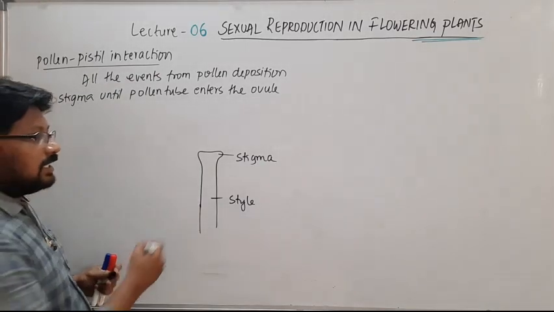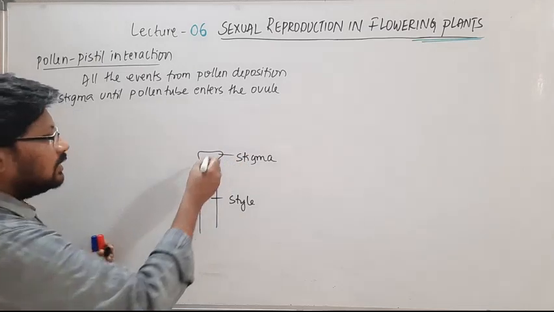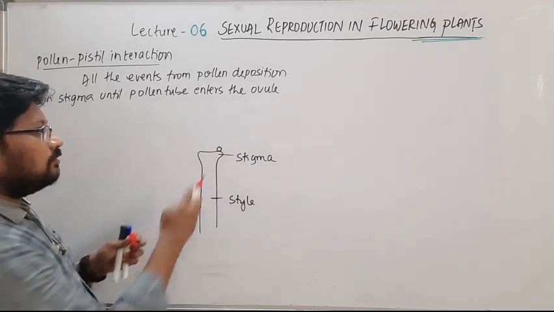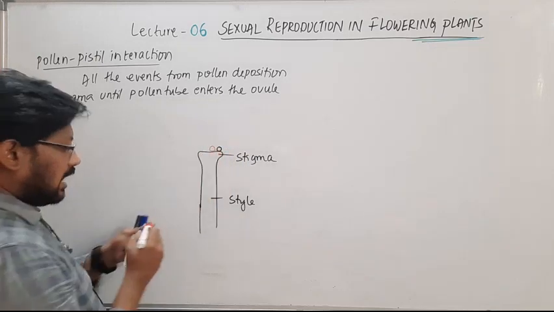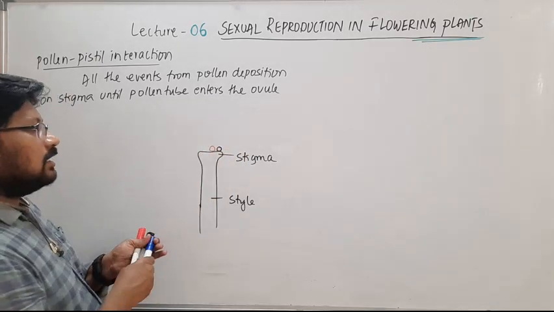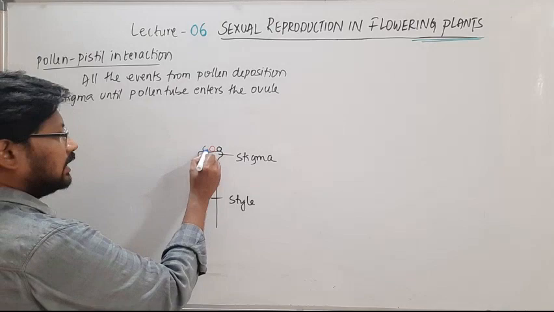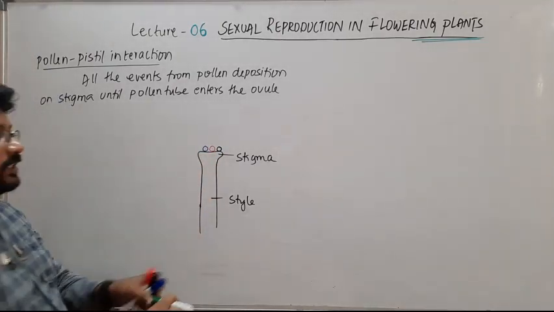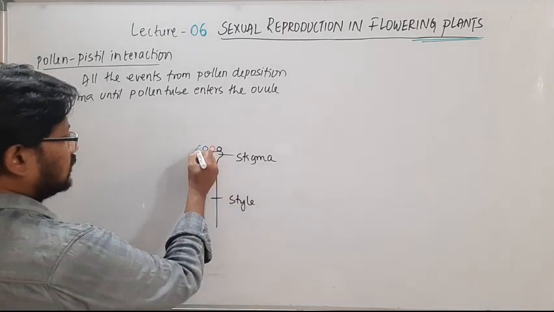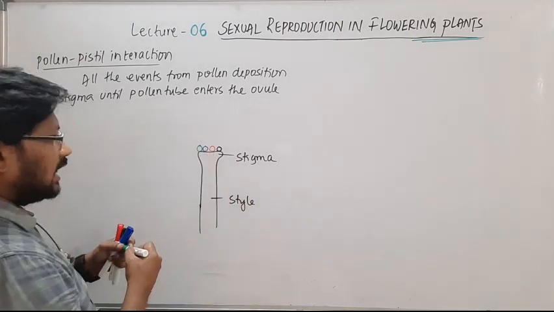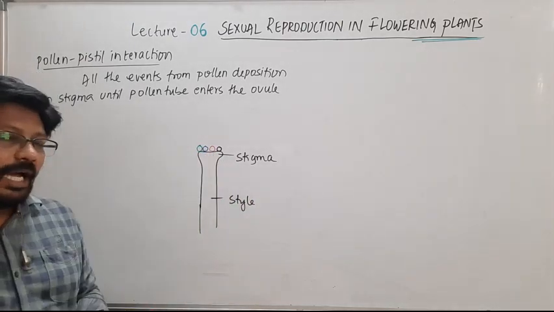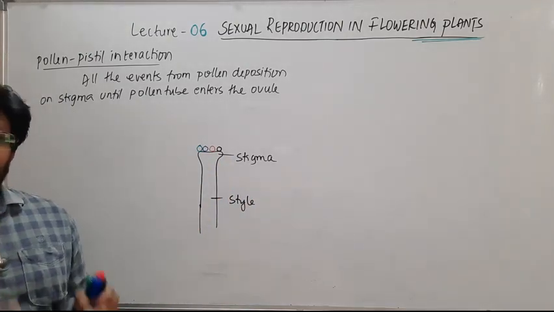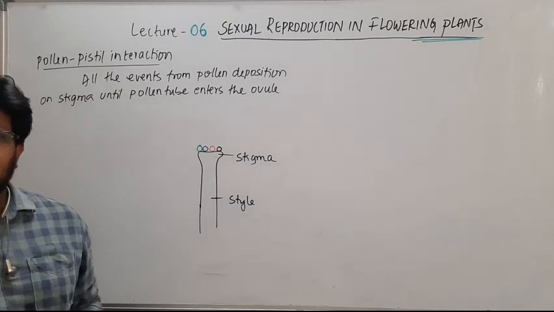Now the point is that it will receive pollen grains from various sources. Here I am representing with various colors that these are the pollen grains from various sources that settle on the stigma. So pollination does not guarantee the right pollen to come and settle on the stigma.